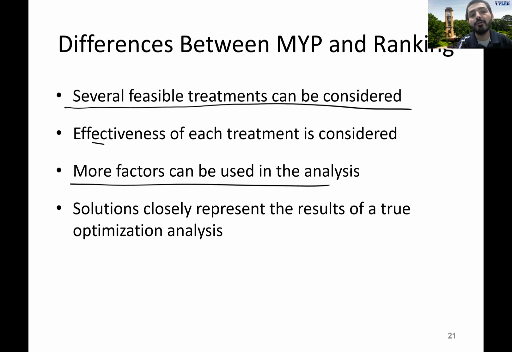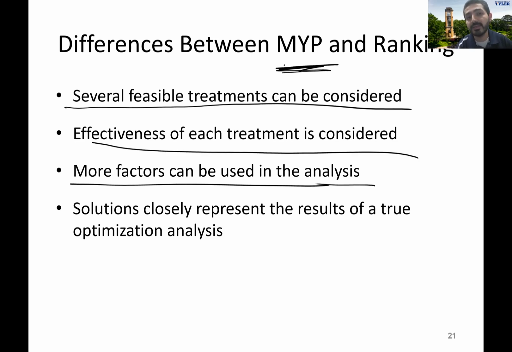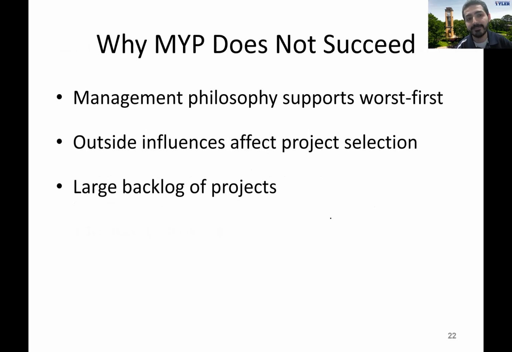There are more factors to be used in the multi-year analysis. So if I ask you to give me 3 or 4 advantages of the multi-year prioritization versus the one-year ranking, those are the ones. And of course, the solutions will closely represent the results of a true optimization analysis compared to a single year ranking.